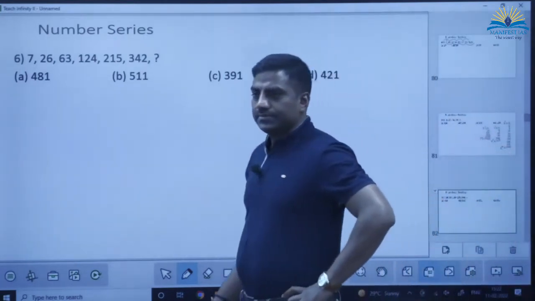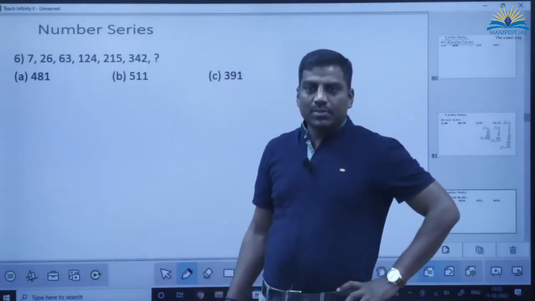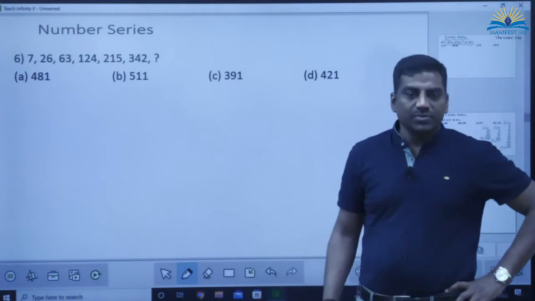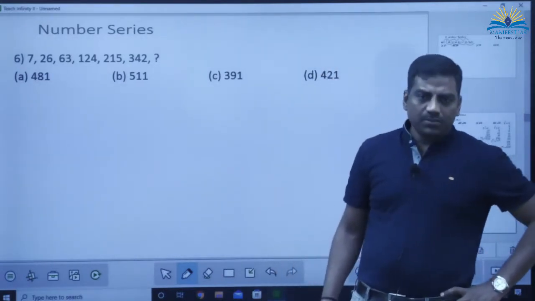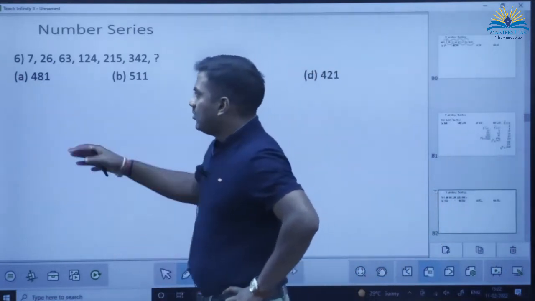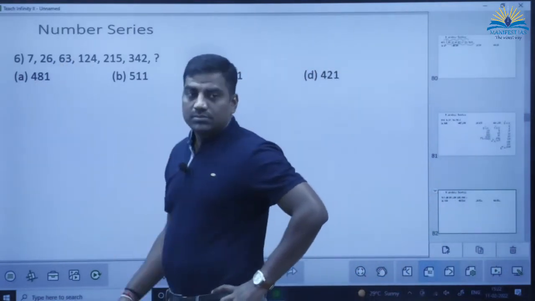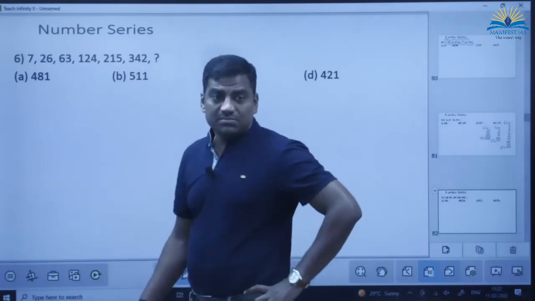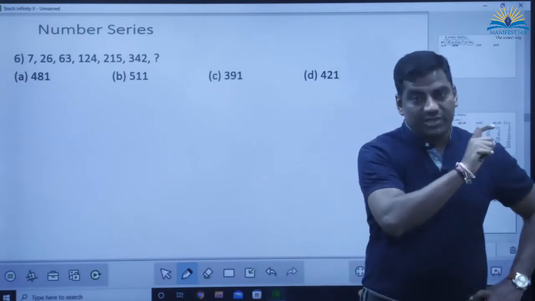They are increasing. Anyways, we can find out the differences. Maybe for 2 iterations, 3 iterations, we might get something. Try multiplying something. Do we get something? No relation. Whenever you get some clue, that should be applicable for everything.